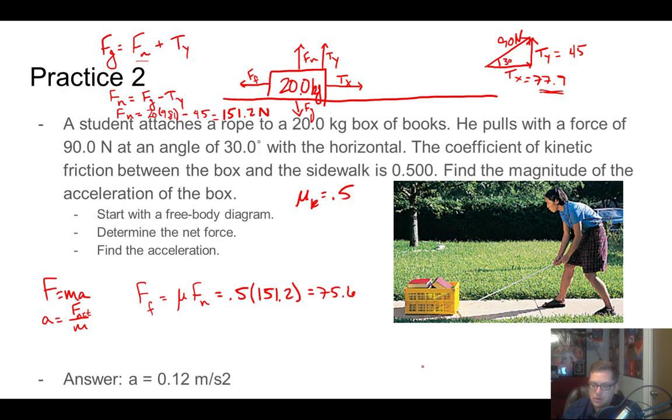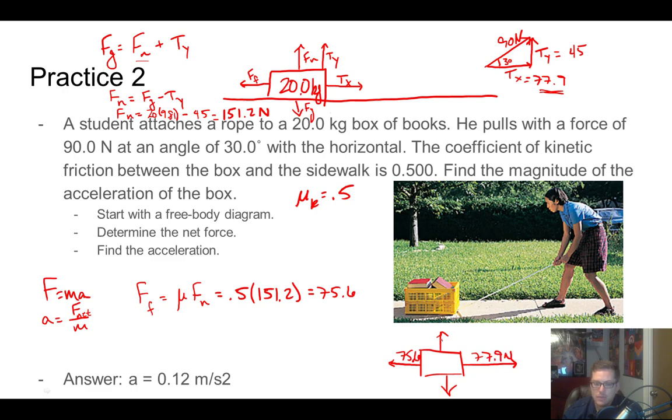So we know that in our box that's being pulled, there's some up and down, and they completely cancel each other, right? Because we're not going up and down, we're only going left and right. Now we know that we've got a force going this way at 75.6 newtons, right? That's our force of friction. And then we also know that this way we have another force, the force of being pulled, at 77.9 newtons.